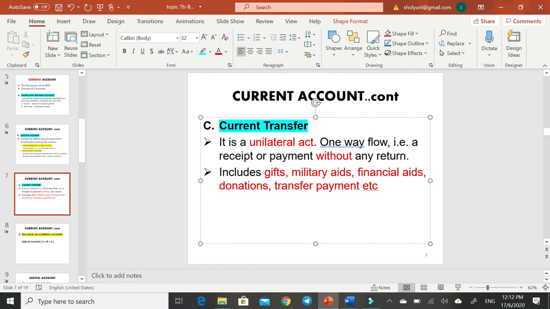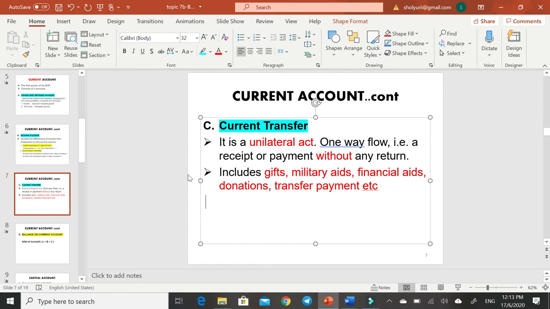But how do we record it? Because the money is going outside of the country, going to Indonesia from Malaysia, we will record that as negative. Because money goes out. Well, if another country is giving something to Malaysia, for example, the US gives a gift of 2.6 billion, for example, to Malaysia, then we record that as positive.